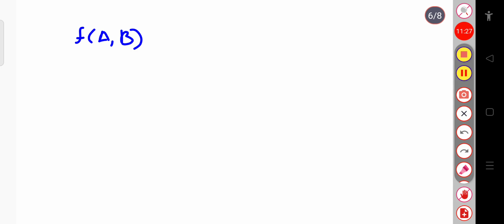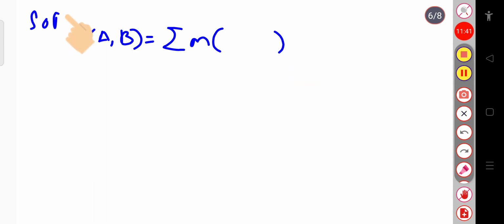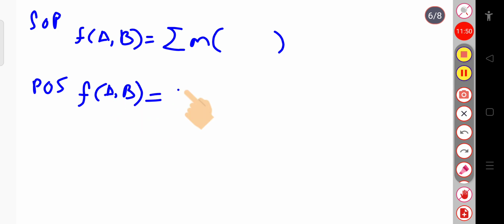For SOP we write this as the sum over product, the minimum terms. And for POS, this will be the function of AB equal to the product over the maximum terms, and I will show in an example.